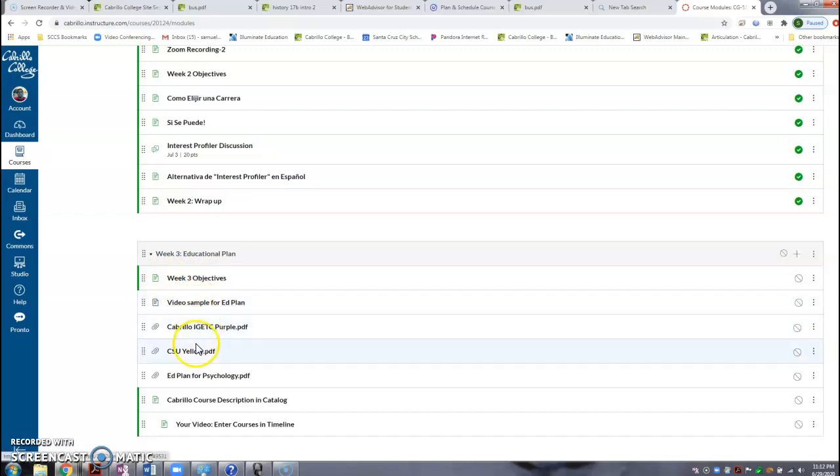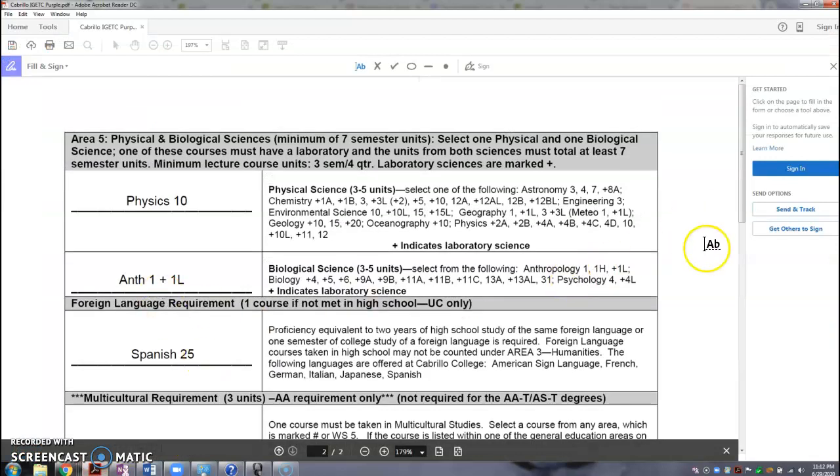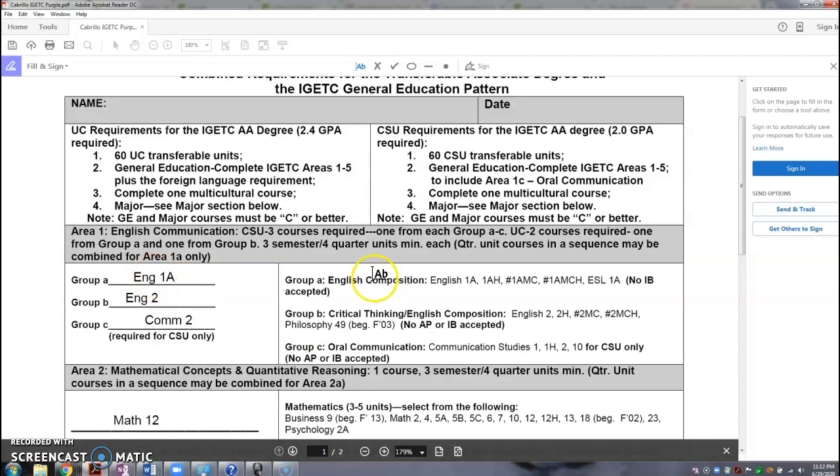So right now I'm gonna use the IGETC, the purple form. This is what I did, and I filled it out already. Okay, so what you're gonna do is try to choose a class from every group. The IGETC is for UC, which is the purple form.